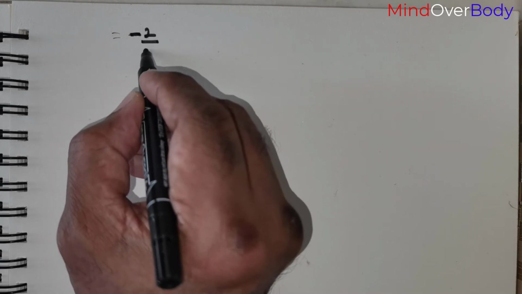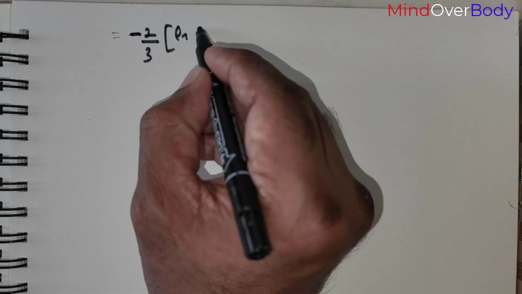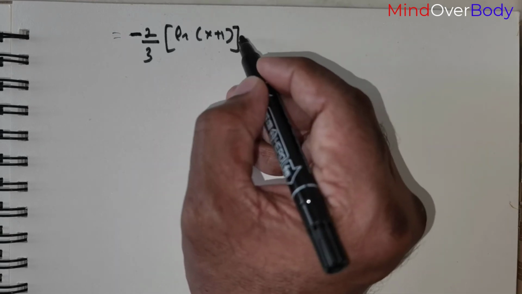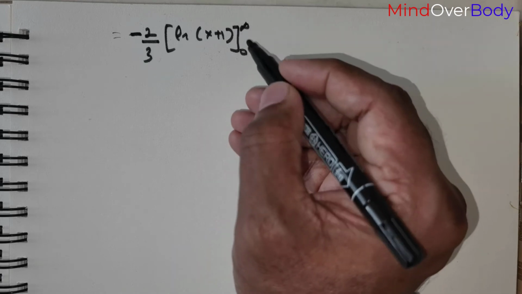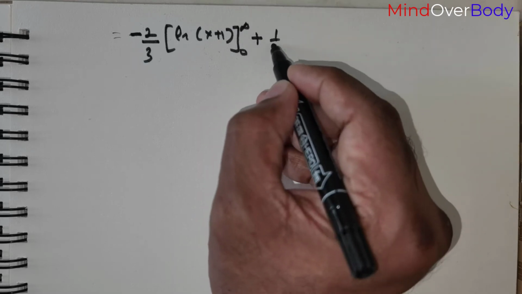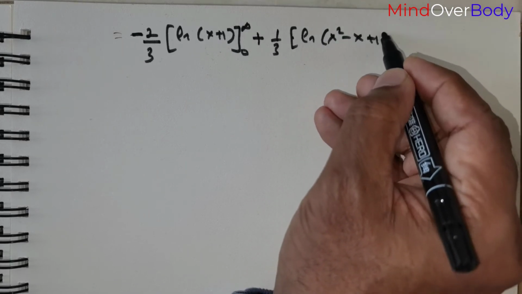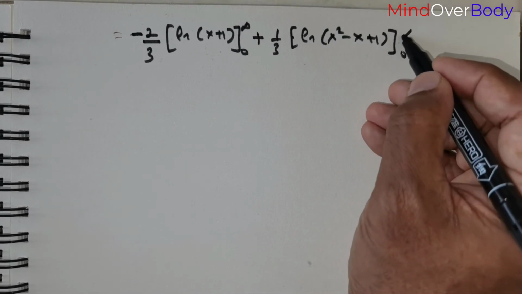So we got negative 2 over 3 of ln of (x positive 1), limits from 0 to infinity, positive 1 over 3 ln of (x squared negative x positive 1), limits are 0 to infinity.